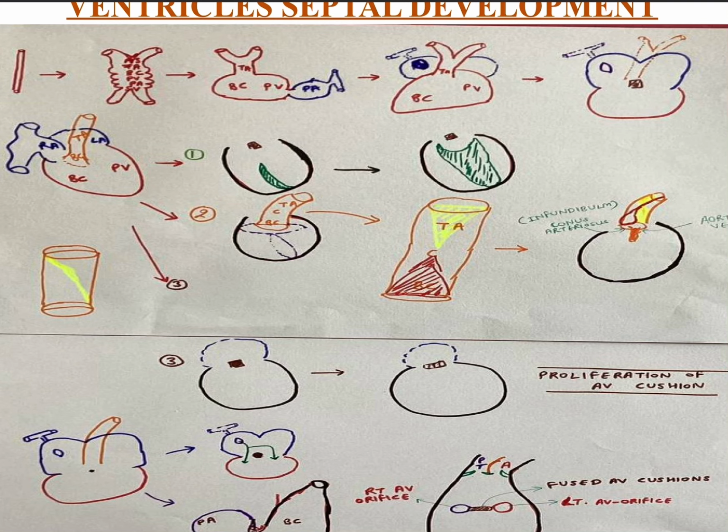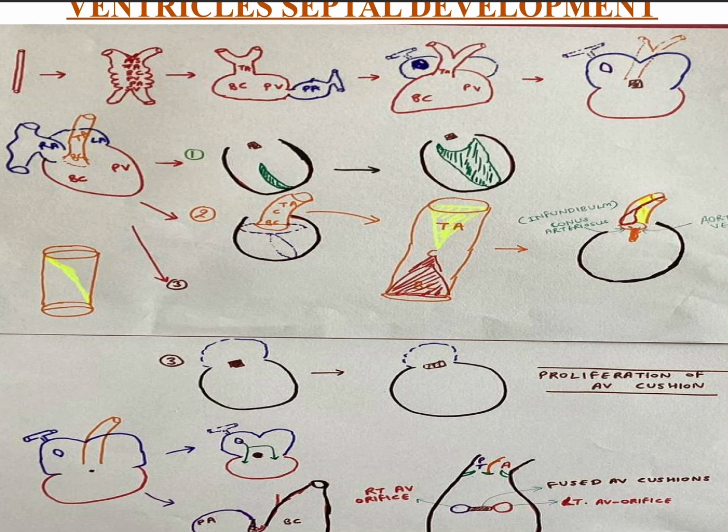First of all, at the floor of the ventricular cavity, which is now known as the bulboventricular cavity, a septum starts appearing. This septum is known as the muscular septum or ventricular septum, but it does not touch this endocardial cushion, so there is a gap remaining. Now what happened?